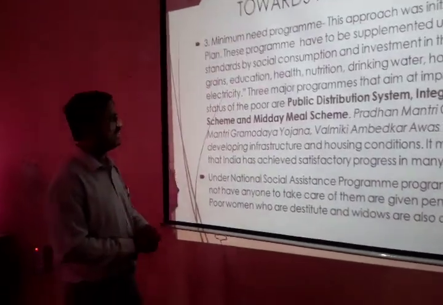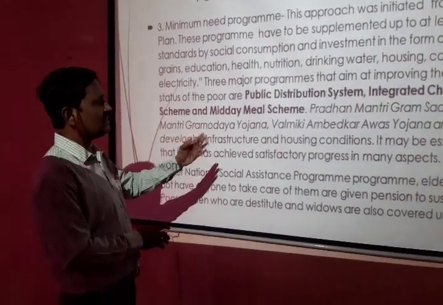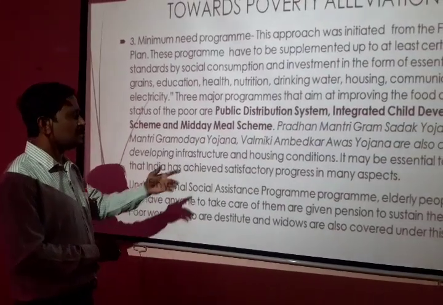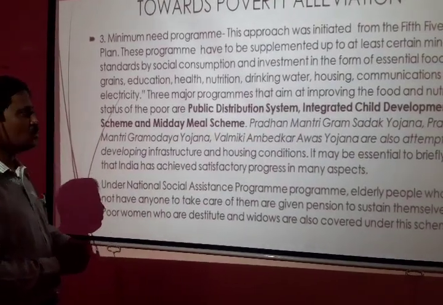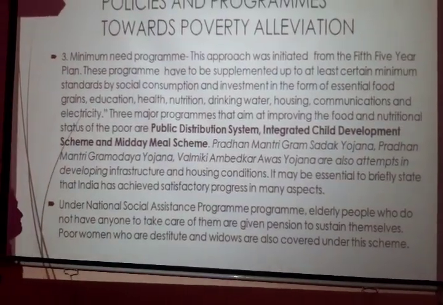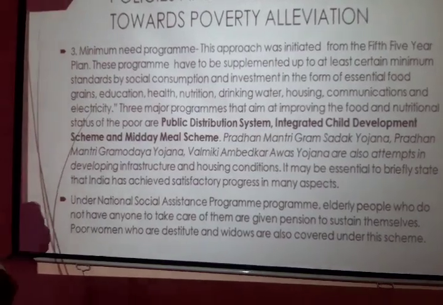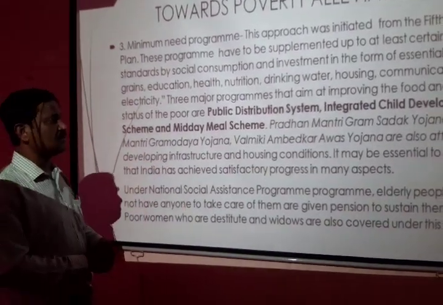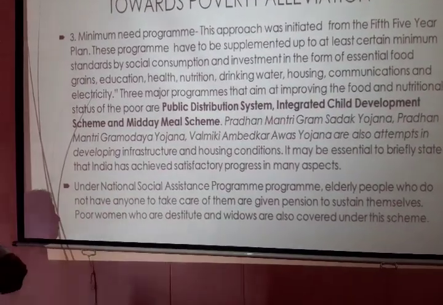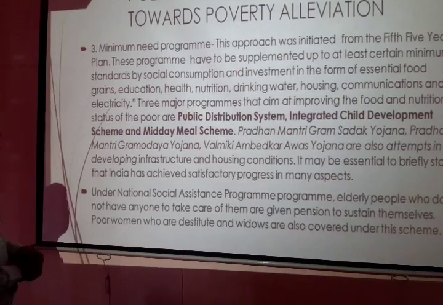Under it, the government provides essential food articles like rice, sugar and others to people living below the poverty line so that their standard can be uplifted. Likewise, integrated child development schemes are implemented to improve the health and other conditions of children in the localities.